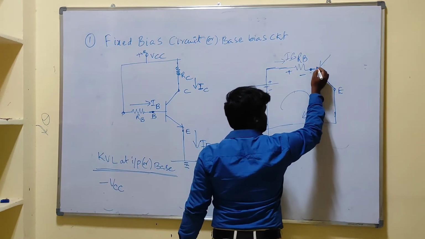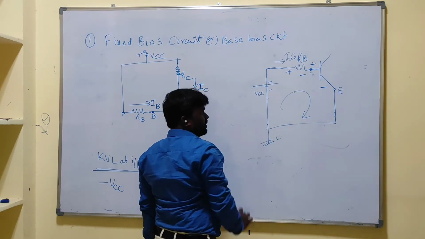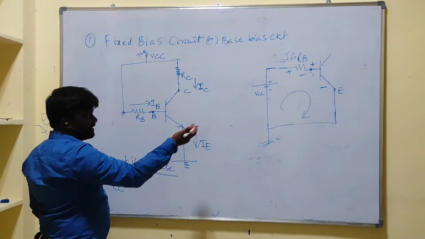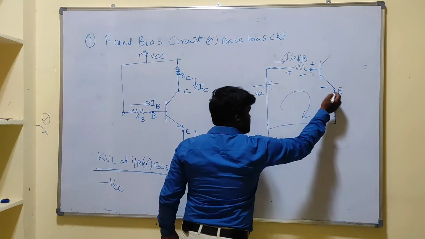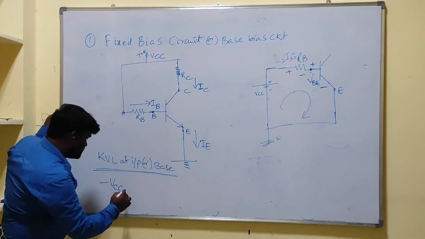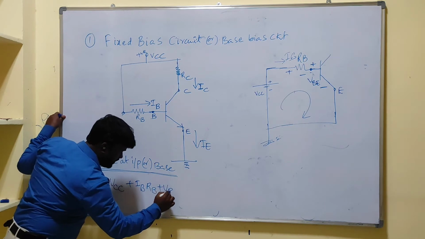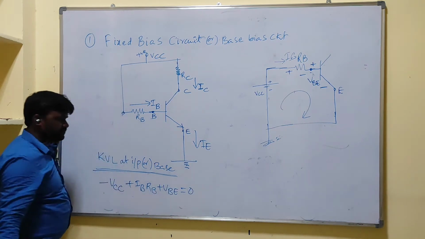Here it is base, so positive, and the emitter is connected to the negative terminal. Grounded means negative. In between base and emitter we have VBE. That is minus VCC plus IB RB plus VBE equal to 0.